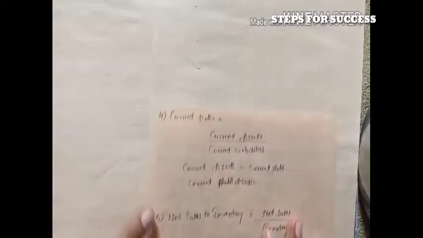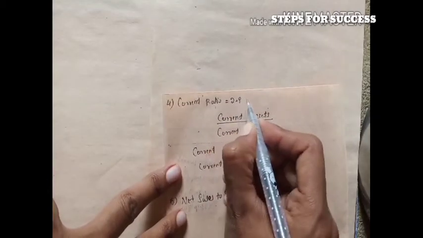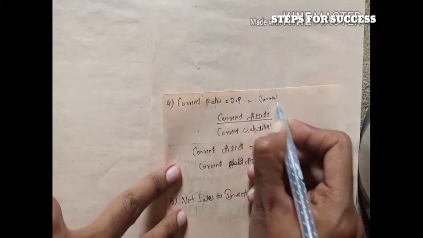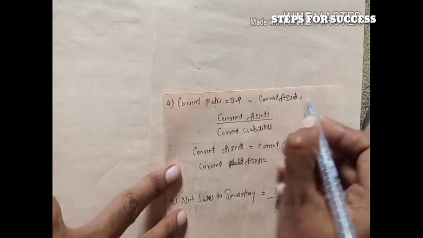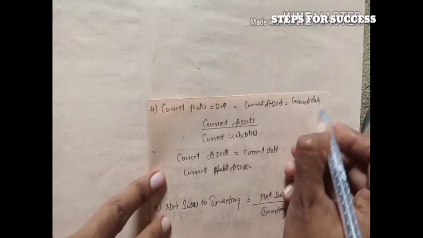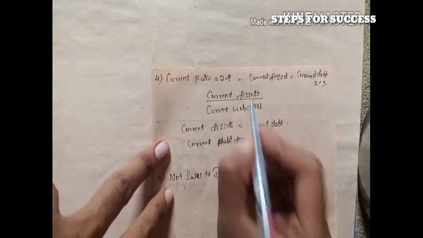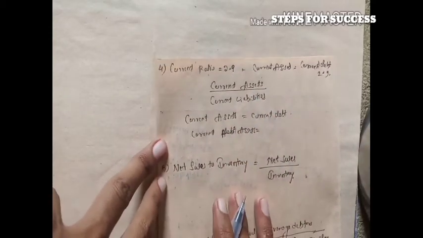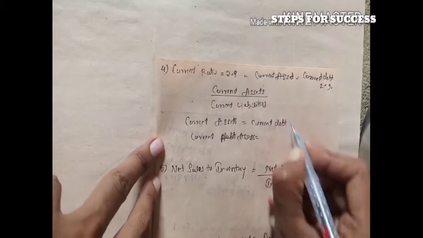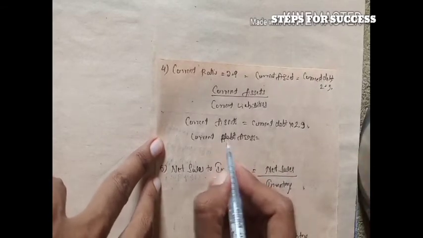Next, current ratio. Current ratio given in the question is 2.9. Current asset divided by current liability is our current ratio formula. So current asset is equal to current debt into 2.9.